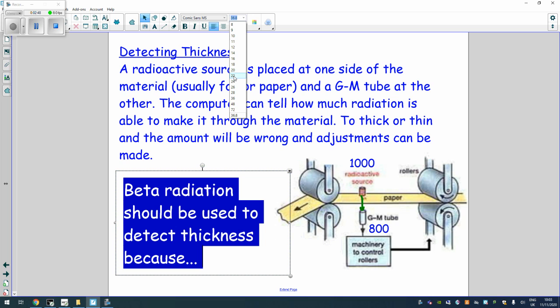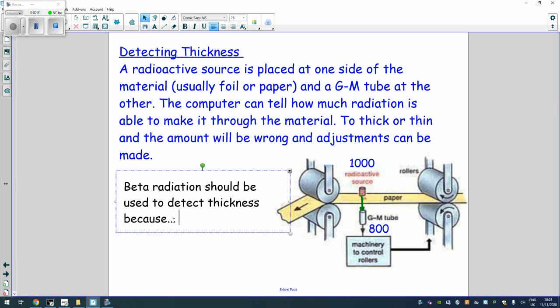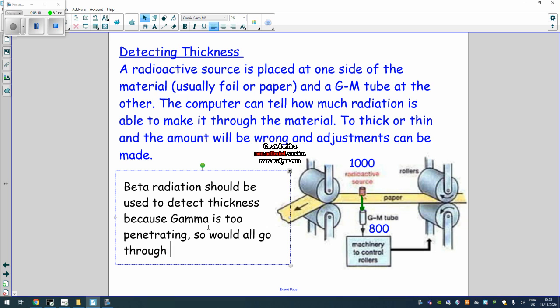And the reason for that, and you should be writing these things down, is that gamma is too penetrating, so it would all go through, and alpha is too easily stopped by the paper or foil.